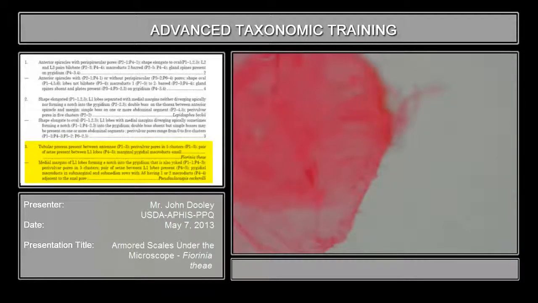You have to really put on high power. You see these are double barred structures right at the orifice, and the very thin tubes going to the margin. And in this particular one, I think 3 on each side. They're called macroducts, but they're actually pretty small, so you need high power on those as well. So that will lead you, especially with that structure between the antennae, to Fiorinia theae.